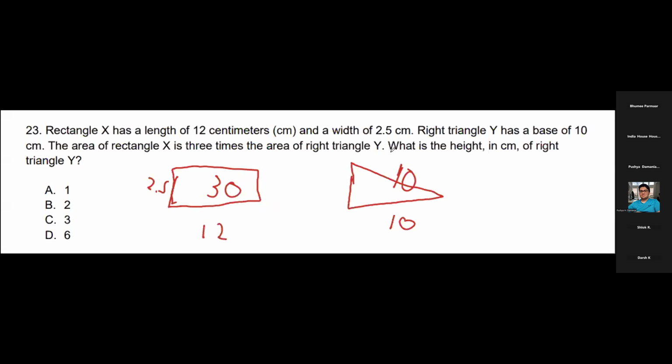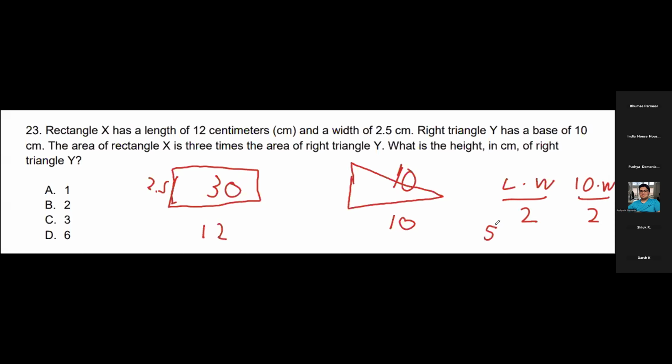So to find the area of a triangle, we just have to take the length times the width divided by 2, because this is basically just like a rectangle, but half of it. So we have a base of 10, so a length of 10 times the width divided by 2.